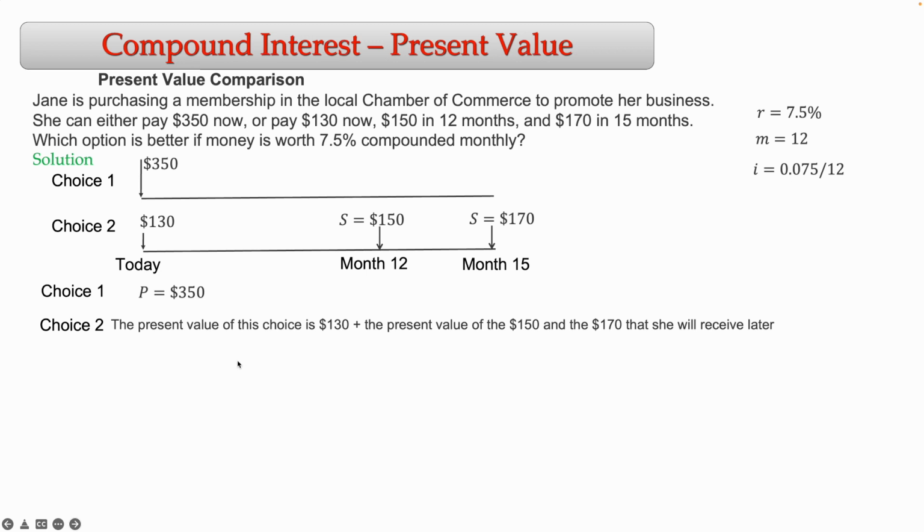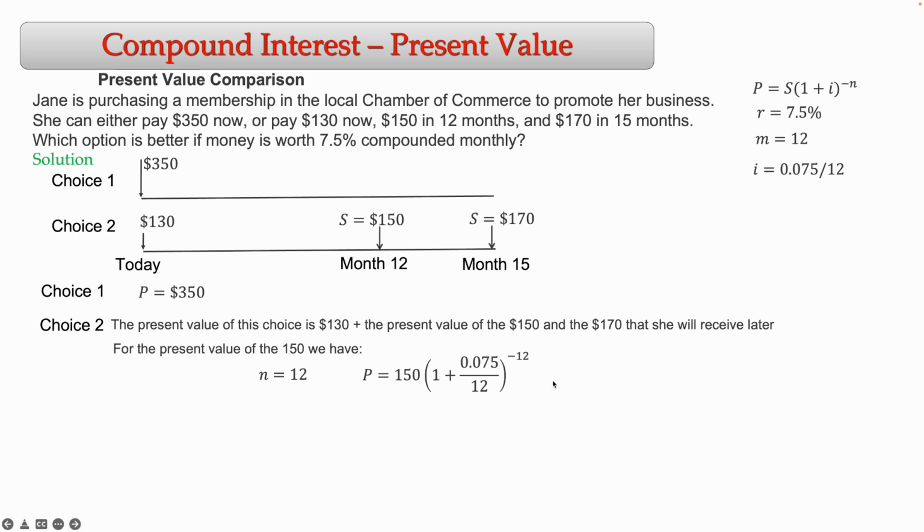So for computing, for example, the present value of this 150, you need to use n equal 12. Every month is a compound period, so n equal 12. This is the formula of the present value, and this n here will be 12 for this 150. So P will be 150 times 1 plus 0.075 divided by 12, to the power negative 12.